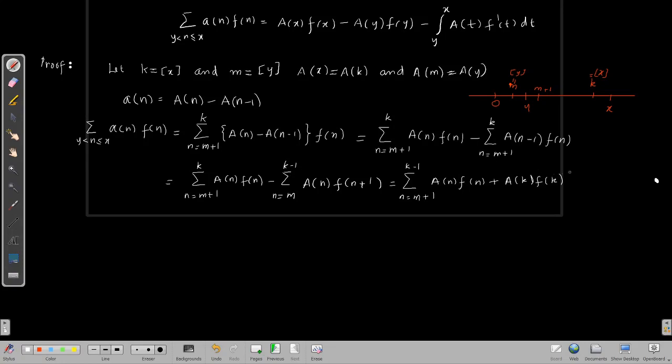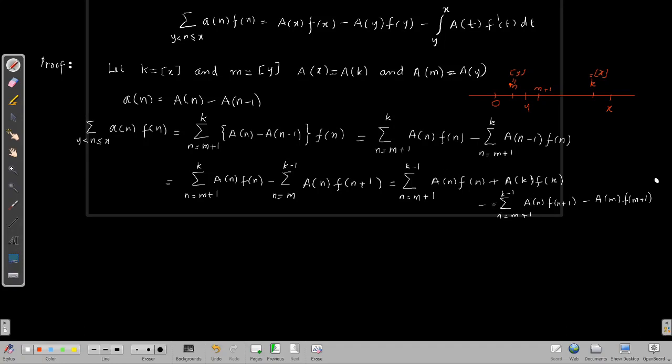And we consider the next sum, which I write as minus the summation n equal to m plus 1 to k minus 1 of A of n f of n plus 1. I have removed the term corresponding to n equal to m, so that is minus A of m f of m plus 1. This is the term that we have not included in this sum.